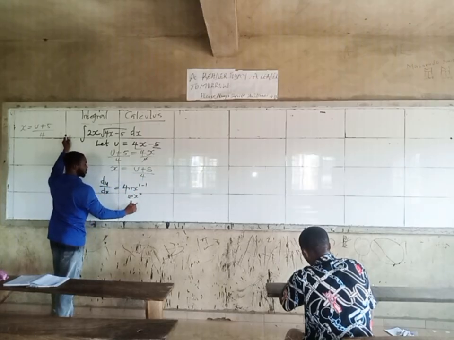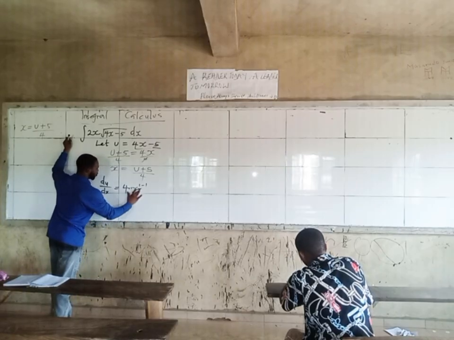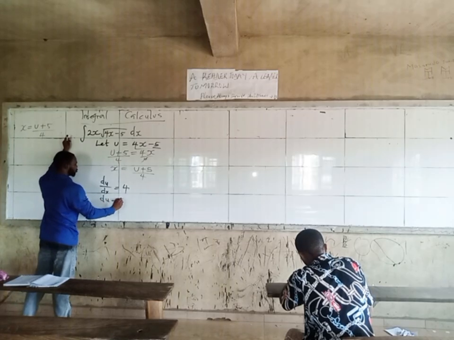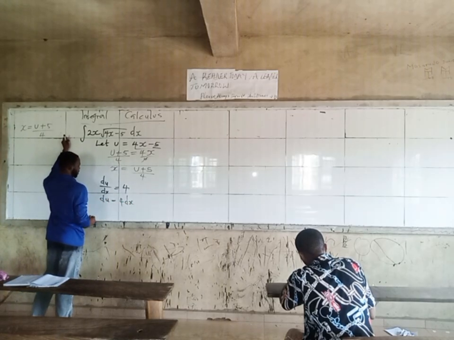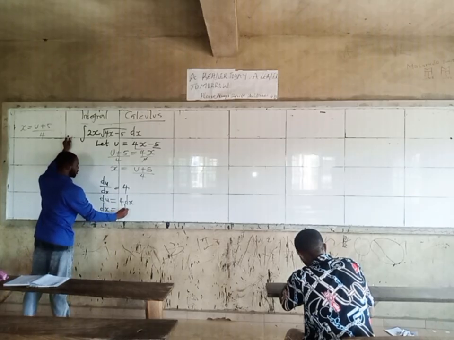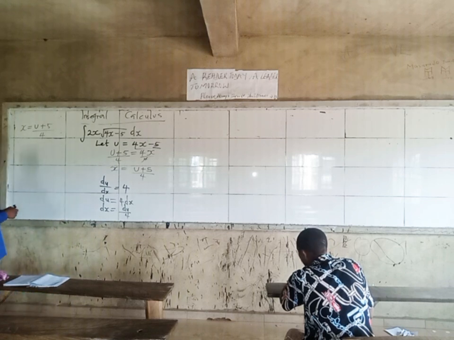And anything raised to the power 0 is 1. So it will be just 4. So du will be equal to 4 dx. And that means that dx will be equal to du over 4.